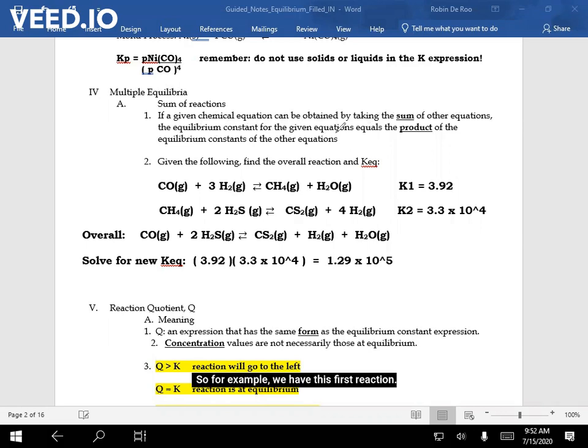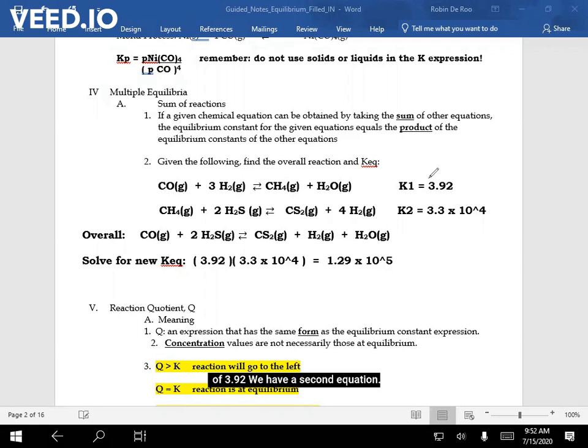So for example, we have this first reaction, carbon monoxide gas plus hydrogen gas in equilibrium with methane and steam. And this has a K1 of 3.92.